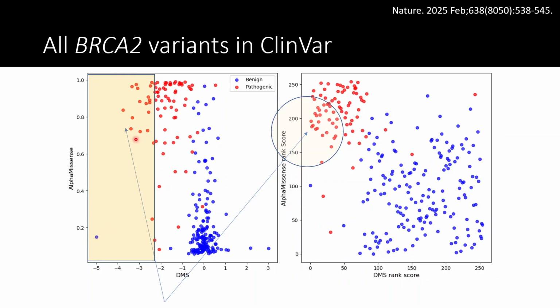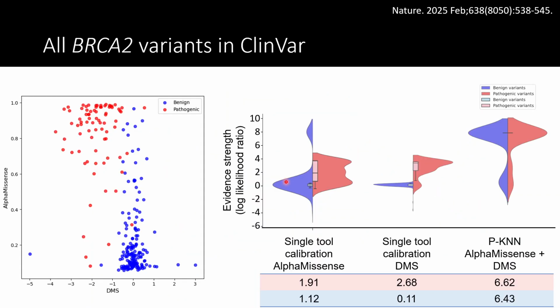Then the neighborhood of this variant of interest is less pure, and therefore the evidence strength is weaker. However, if we jointly calibrate these two tools, our neighborhood is now in this shape, and we can avoid contamination by this variant, and we have a purer neighborhood and higher evidence strength. So that's exactly what we see.